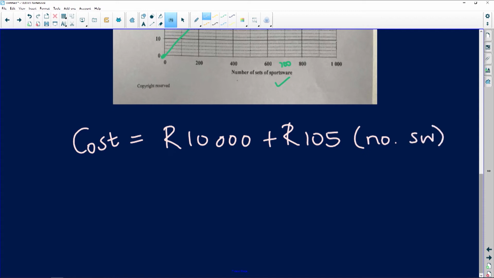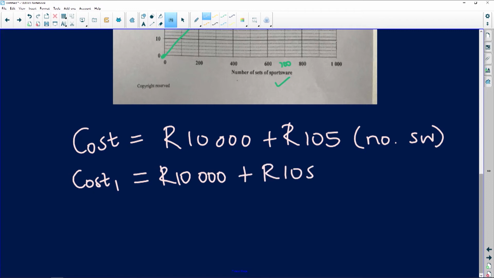I said I'm going to abbreviate it like that. So I can say cost 1 is 10,000 rand plus 105 times 0. It means that for cost 1, I will be lying there with 10,000 rand.